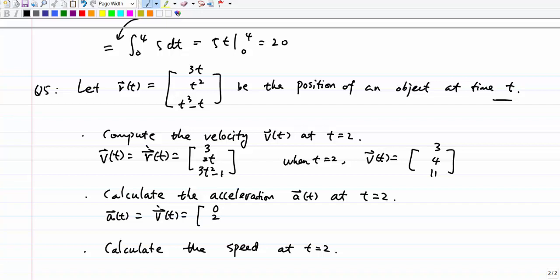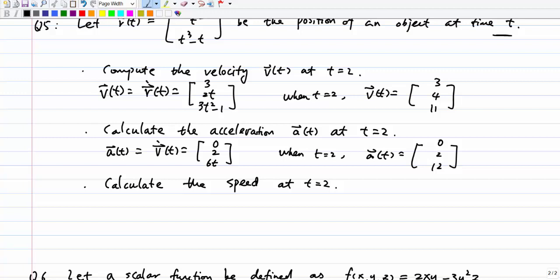The derivative of 3t squared minus 1 is the derivative of the first one, 3t squared, which is 6t, and the second one is 0 because it's constant. Then we just replace t by 2. So this acceleration is 0, 2, which doesn't depend on t, and 6t with t equal to 2, which gives us 12.